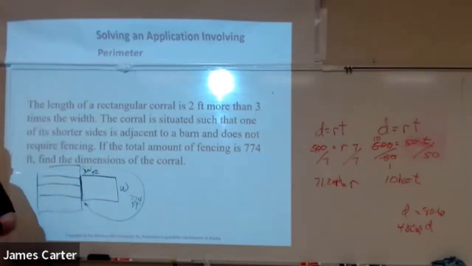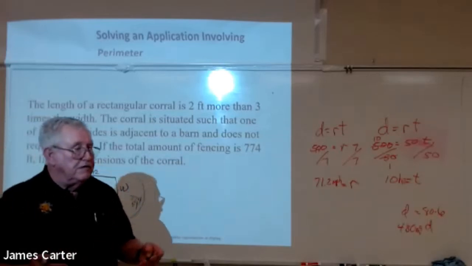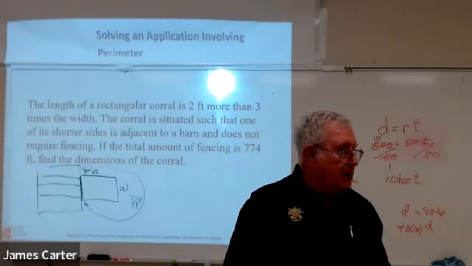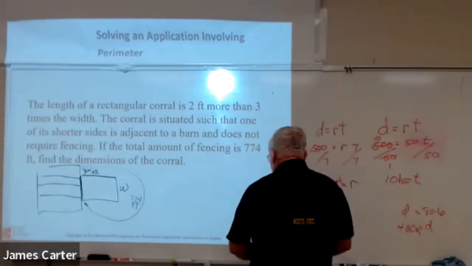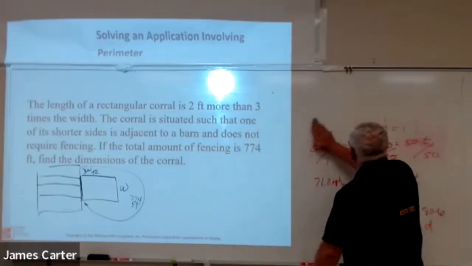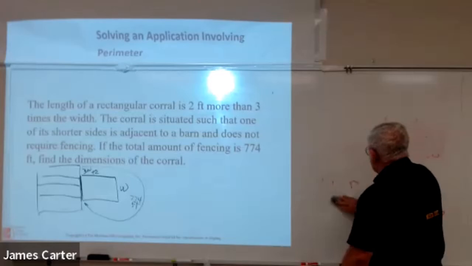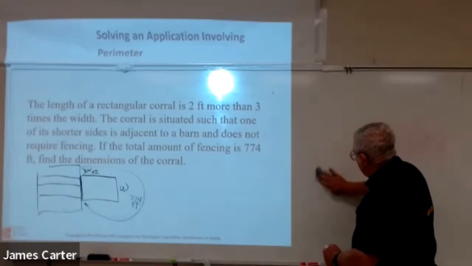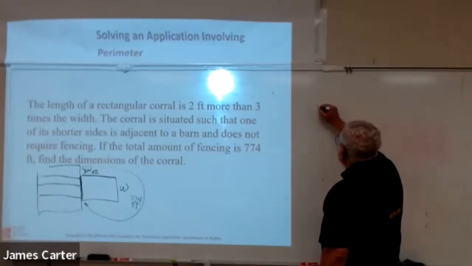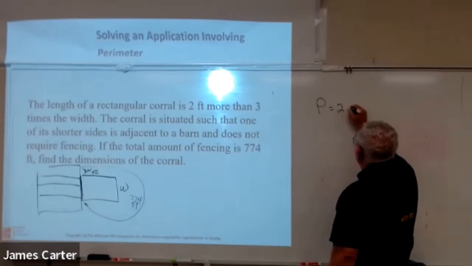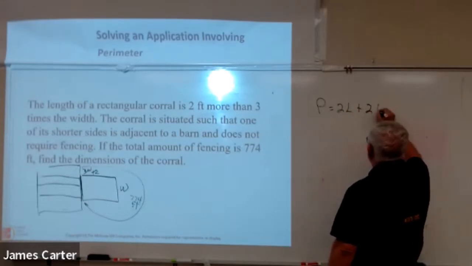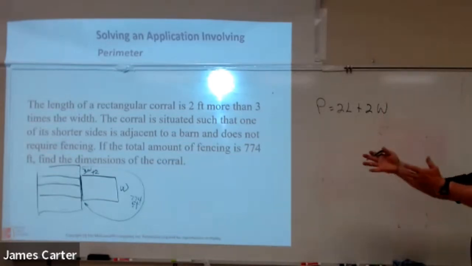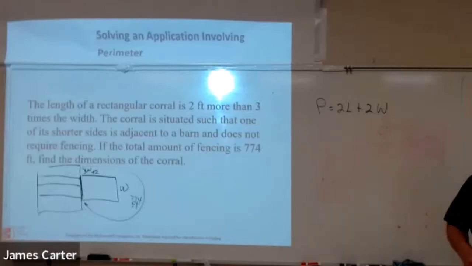Now, the formula we're going to use is the formula for perimeter. Everyone found that in your packet? For perimeter, you've got 2 times the length plus 2 times the width. Now that's the general formula. Now let's see where our picture fits into this.